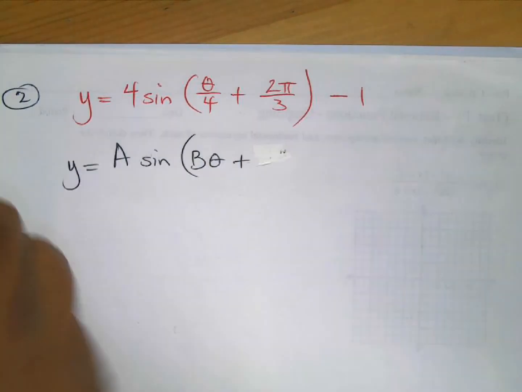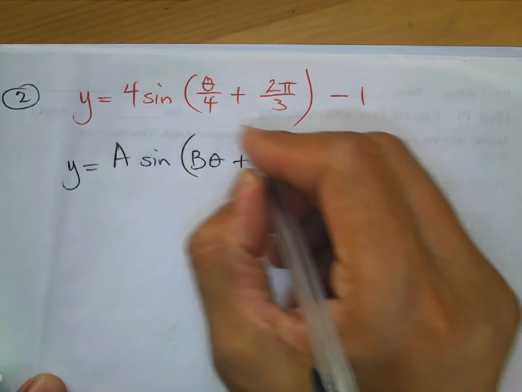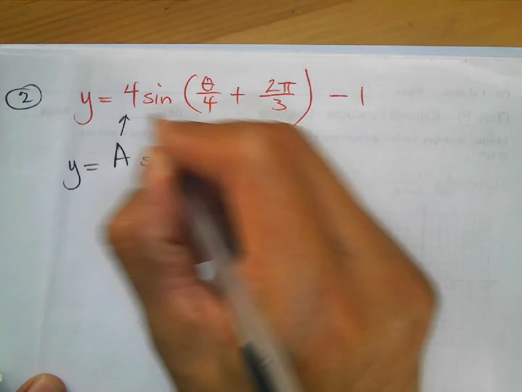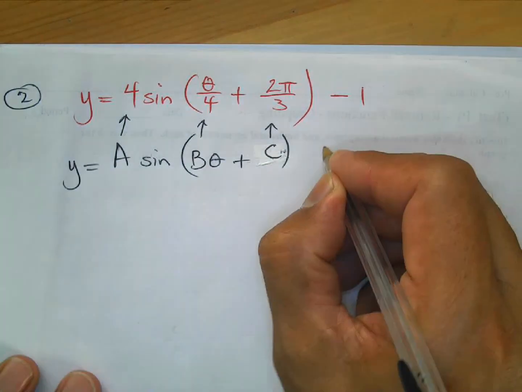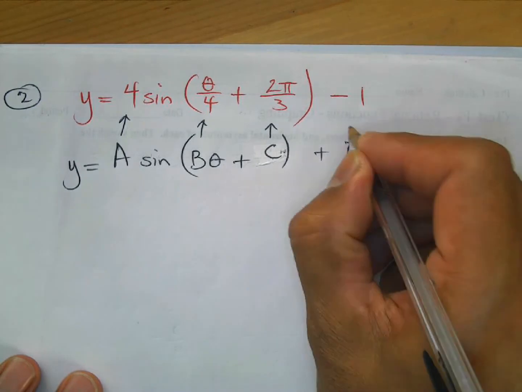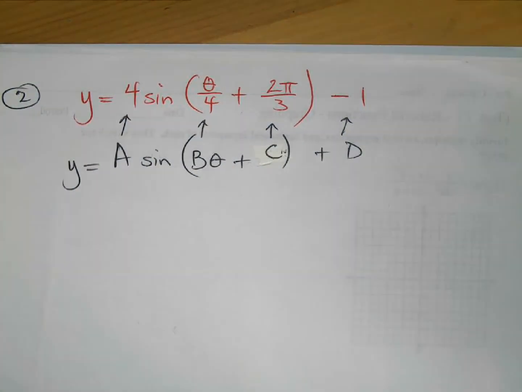I want to see where A, B, C, and D are. So this is A, this is B, this is C, and then plus D. You've got to see those A, B, C, and D values.